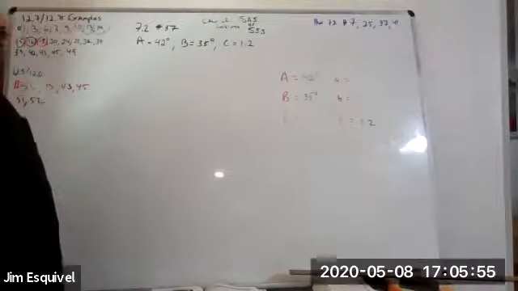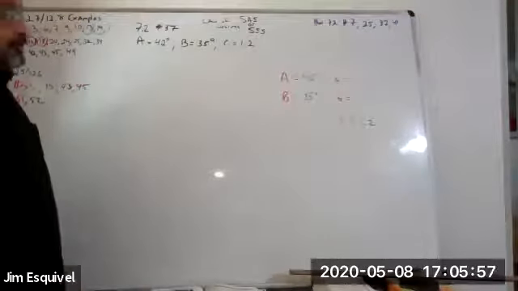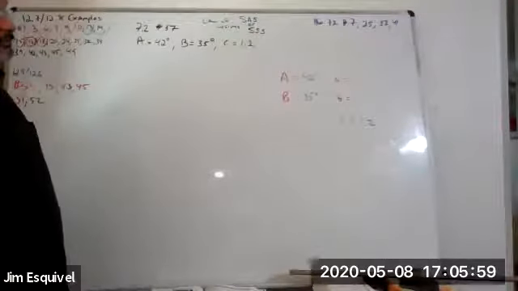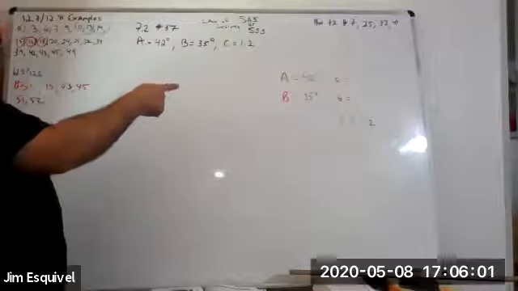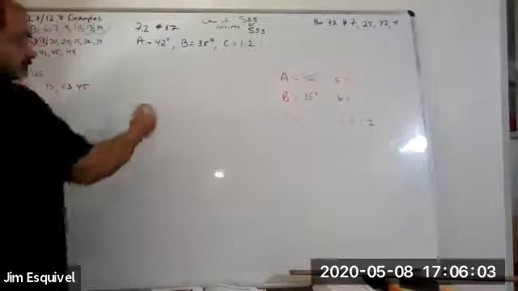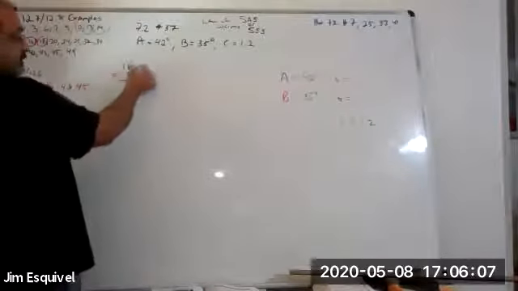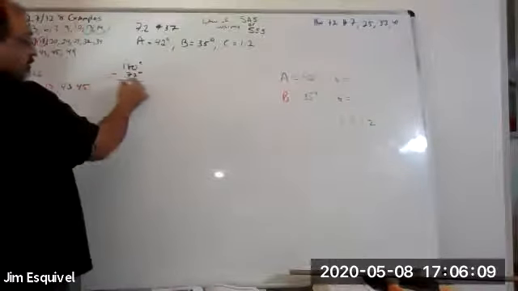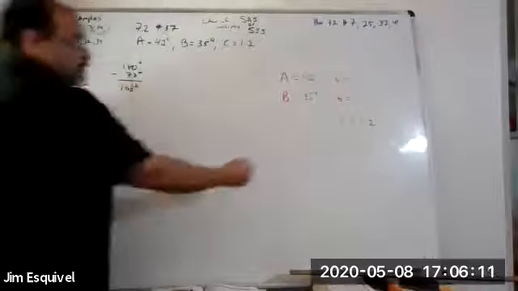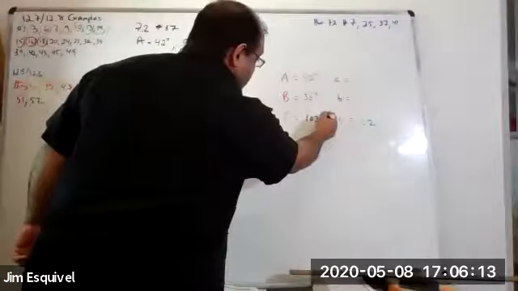If you're given two angles, you better at least find the third angle. So that adds up to 77 degrees. So 180 minus 77 degrees is 103 degrees. The missing angle is 103 degrees.